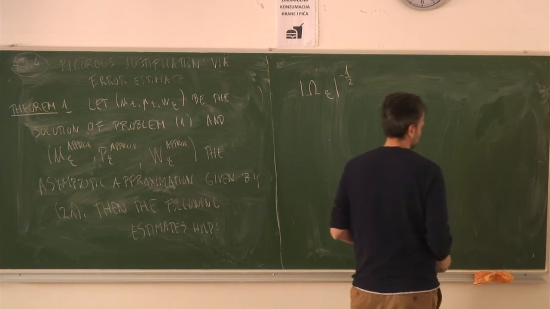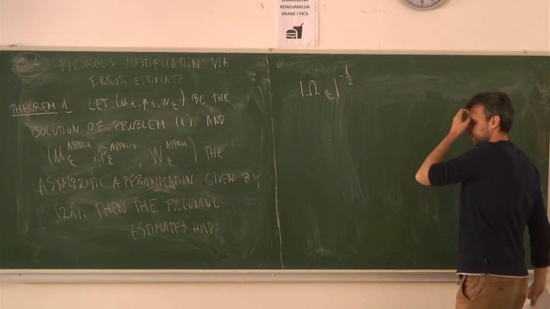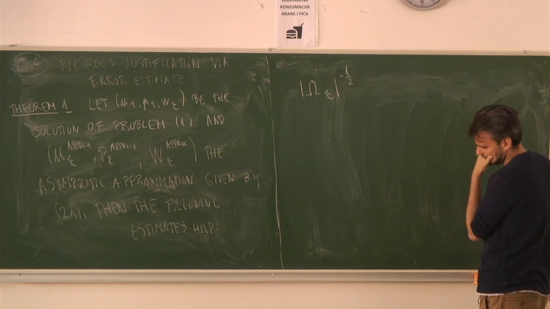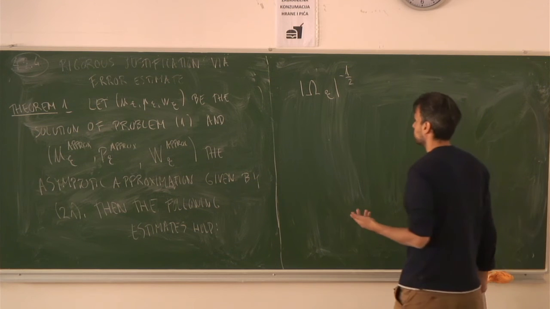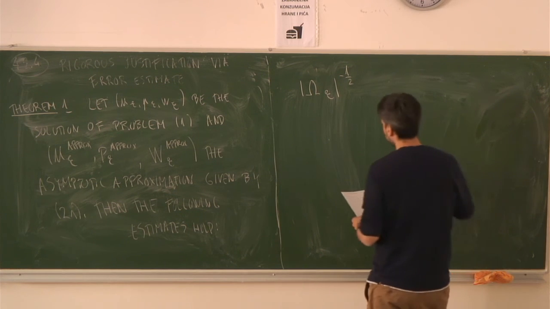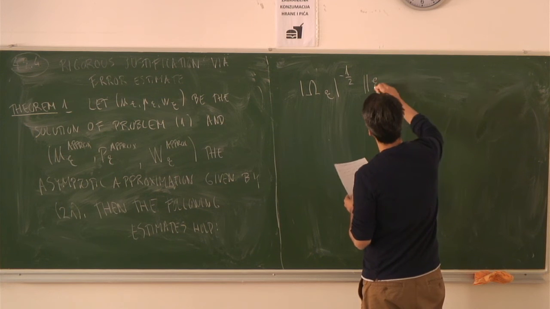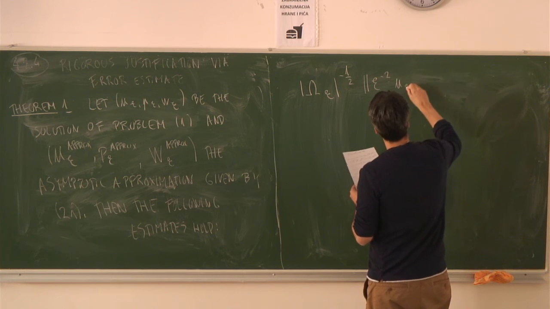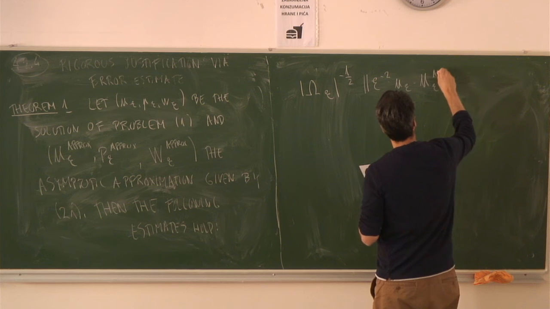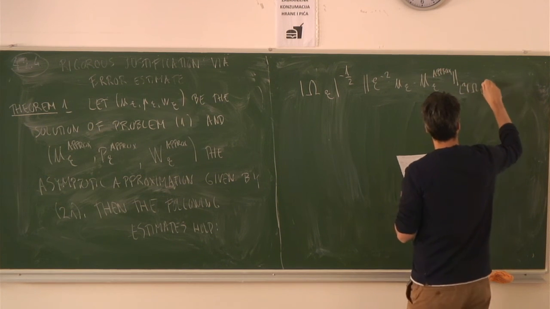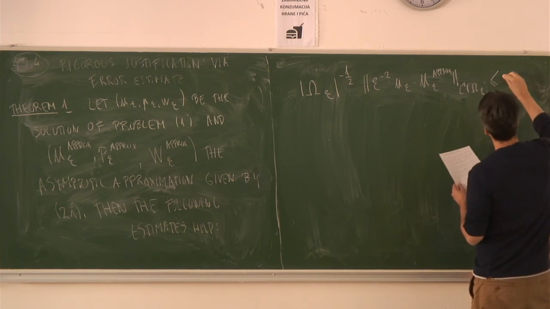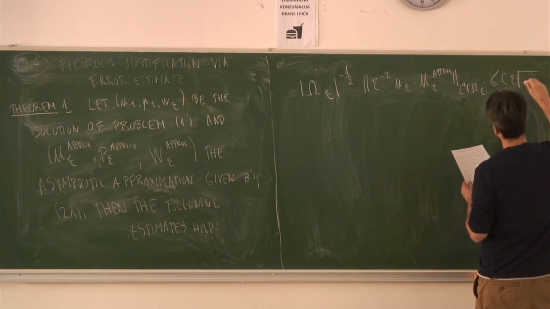So usually we scale this up in front by the square root of omega epsilon, because if you didn't put this, you can see this note in a lot of papers, any L infinity function will basically go to 0. So this is why you scale this. So epsilon to the minus second, u epsilon minus u epsilon approximate, in L2 of omega epsilon is less or equal to C epsilon square root of minus epsilon ln epsilon.